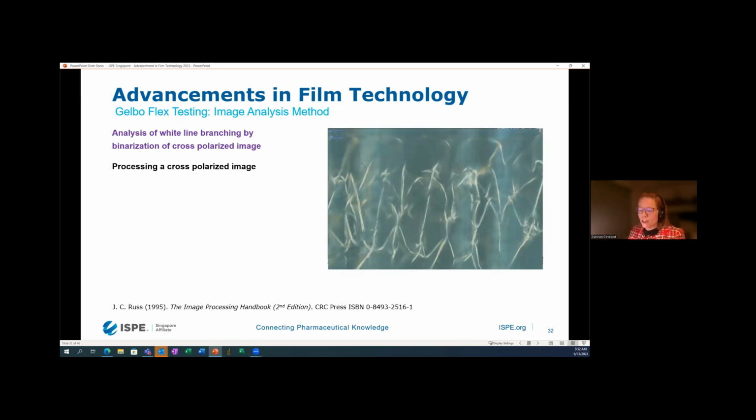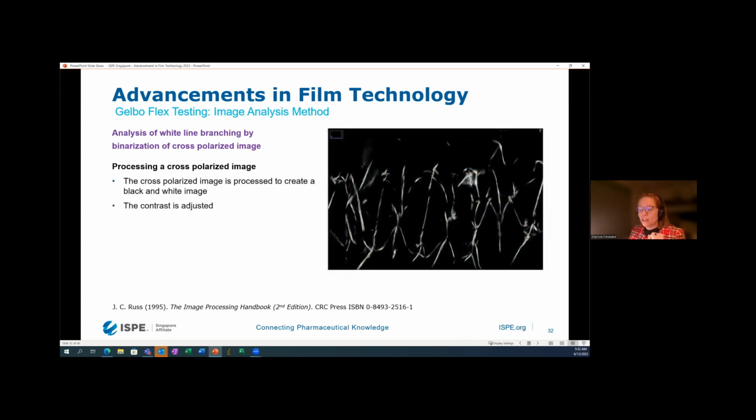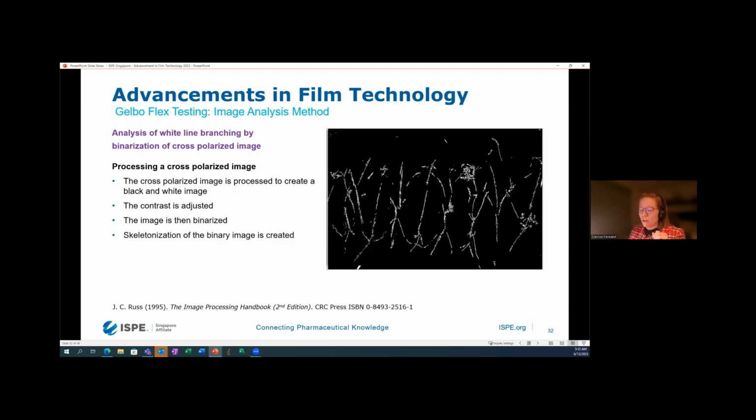So taking that initial cross-polar image, this is the process that I followed to evaluate the white lines. So first, the image is converted to black and white. Then the contrast is adjusted to remove glare that can be mistaken as a white line by the macro. So a macro is then run to binarize the image and remove the grayscale. Then another macro is run to skeletonize the binary image. And finally, a branching analysis is run.